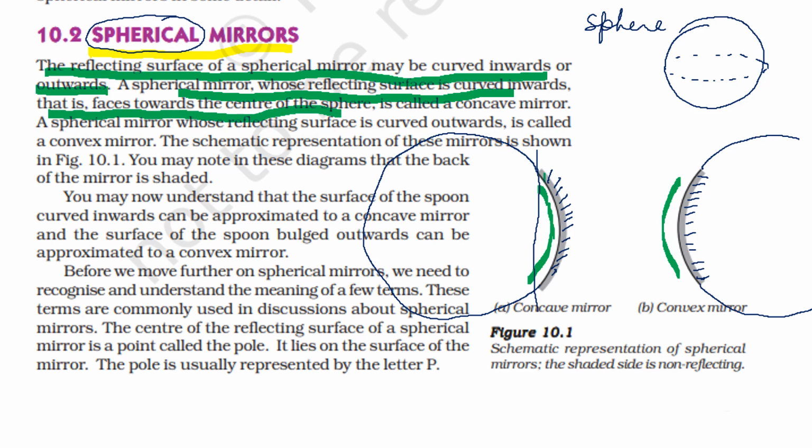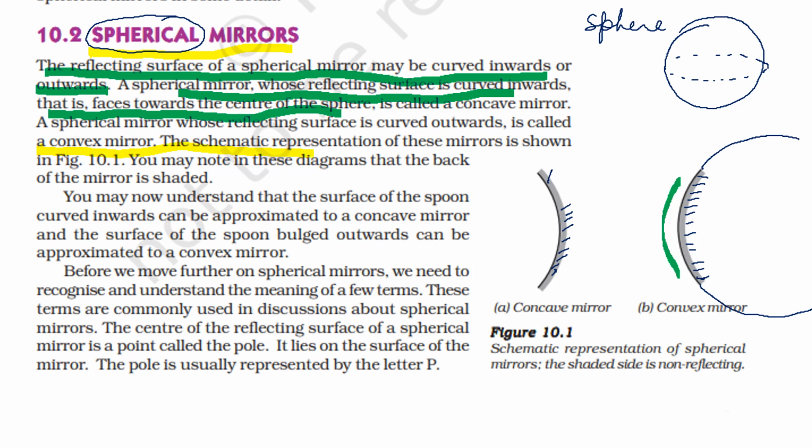Now this part is facing inward, and if this is a complete sphere, somewhere here is the center of the sphere, so faces towards the center of the sphere. That is what it is telling. So they are called the convex mirror.